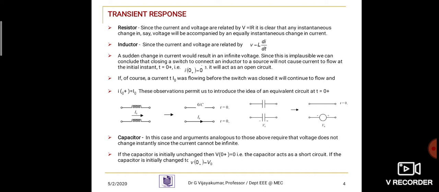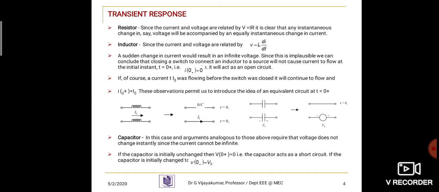The second one, inductor. Since the current and voltage are related by V equals L di by dt, the voltage across the inductor depends on the rate of change of current with respect to time. A sudden change in current would result in infinite voltage.